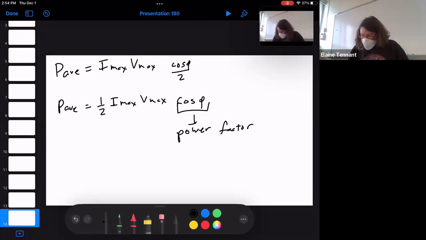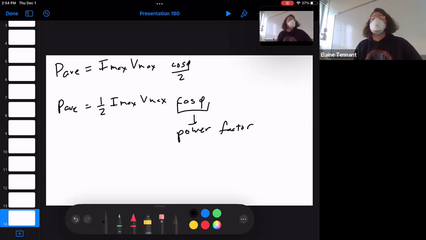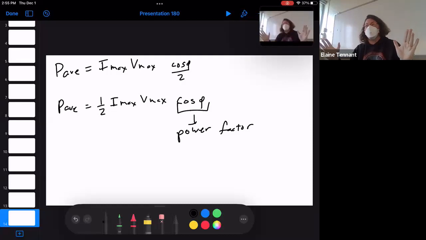If the phase angle is 90 degrees, what's the cosine of 90 degrees? Cosine of 90 is 0. Yeah, 0. So that means that the average power in your circuit, if your source voltage and your current are 90 degrees out of phase, is 0. 0 power.